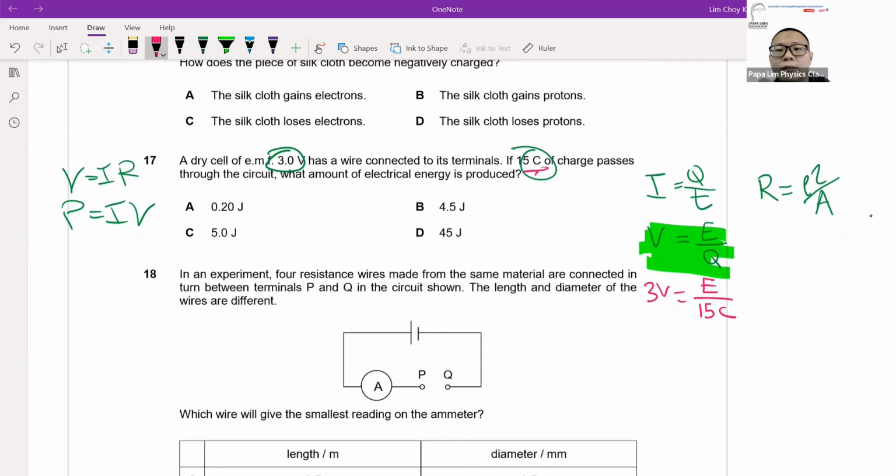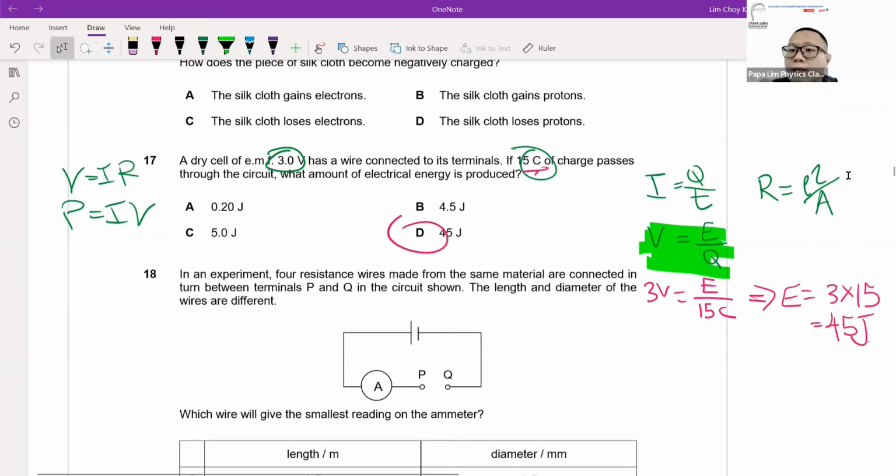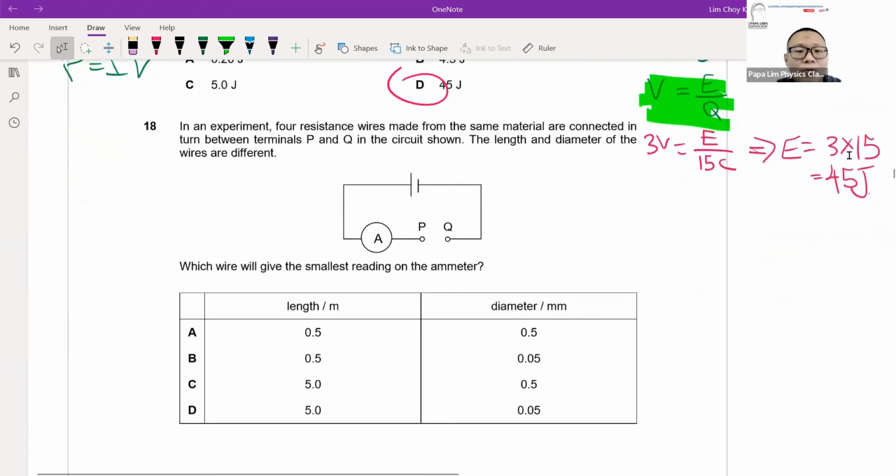So you'll be able to arrive at 3 times 15, which will definitely give you a straightforward answer of 45 joules. So answer will be D. So take note of the formula. If you forgot about the formula, it's quite very difficult to actually get the answer. So the formula is important.